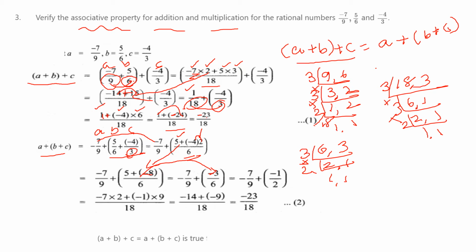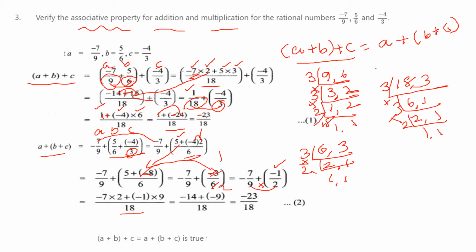So we get now minus 7 by 9 plus minus 3 by 6. So minus 3 by 6 we also cancel. 1 3 is 3, 2 3s are 6. So minus 7 by 9 plus minus 1 by 2. 9 and 2 are not both divisible by any number, so we can directly multiply. 9 into 2, 18.